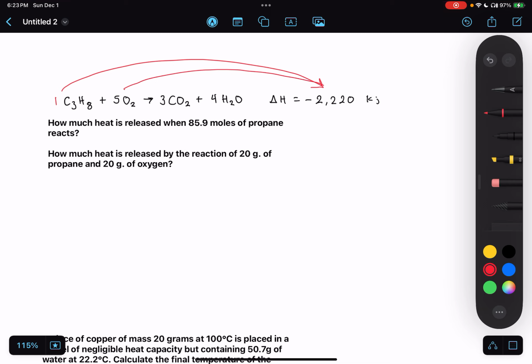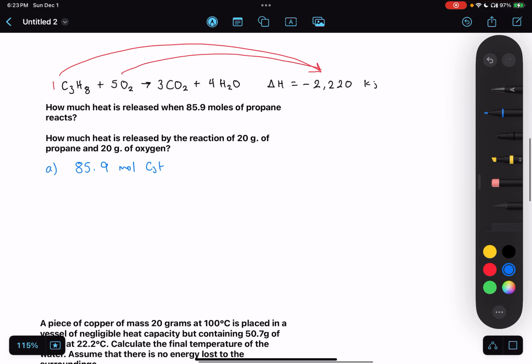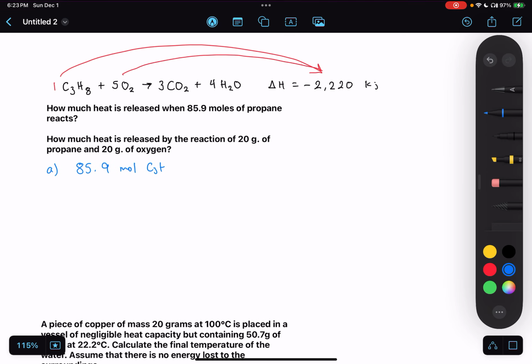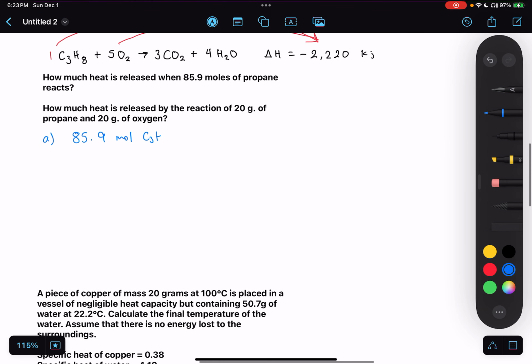So if they give us 85.9 moles of C3H8, this is where we go into A. Everything's balanced.